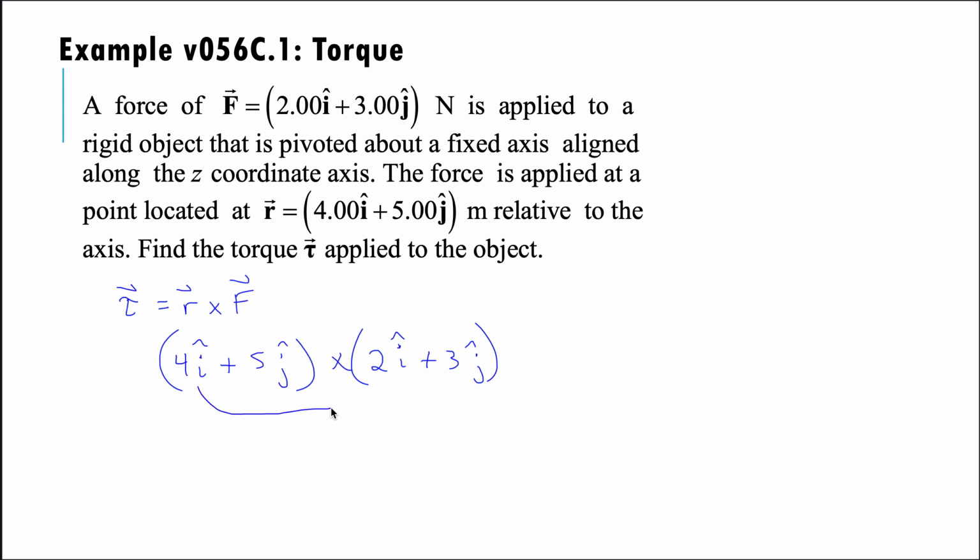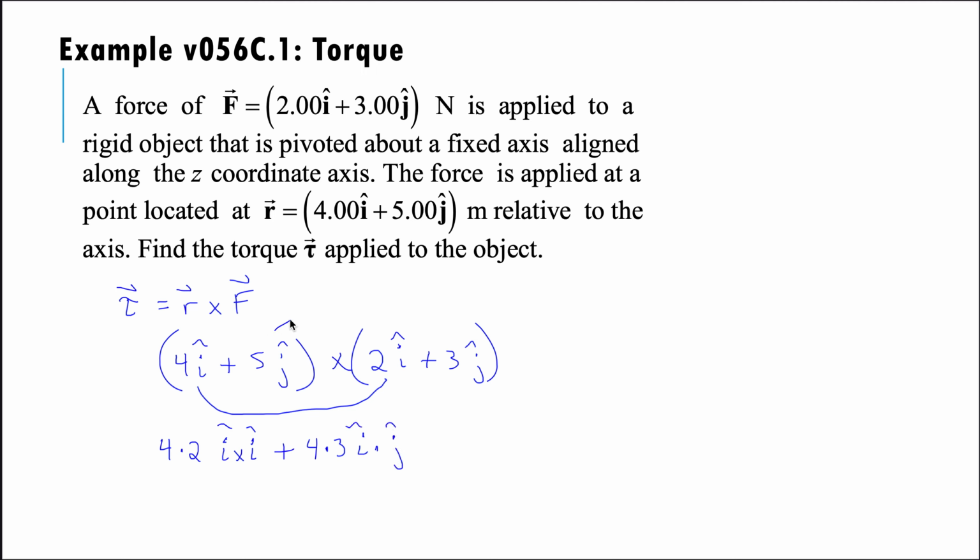So when we do 4I cross 2I, we get 0. I'll go ahead and write it down just to be complete. I'll just do 4 times 2, it's going to be I cross I. And then we're going to do 4I times 3J, so 4 times 3, I cross J.